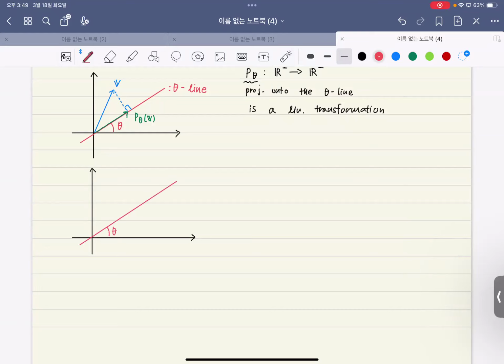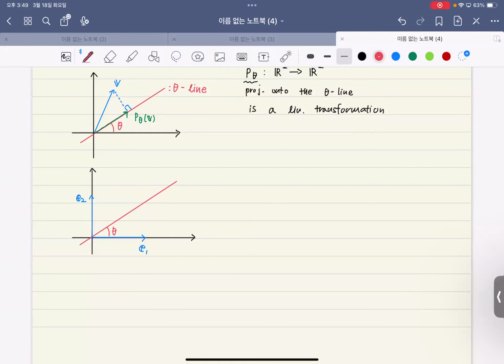This is the theta, and this is E1. This is E2. Now, what happens if I project this onto the theta line?